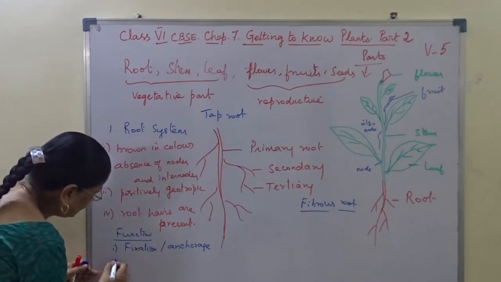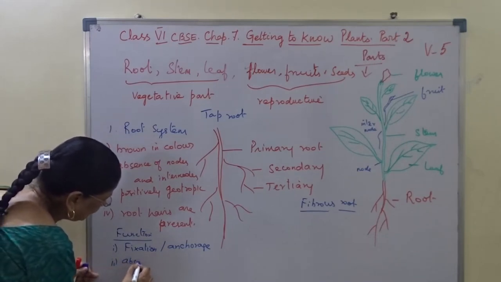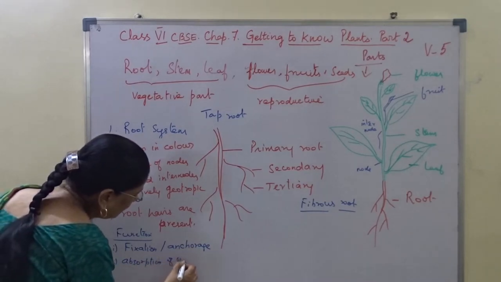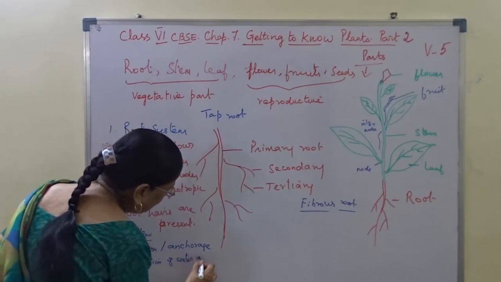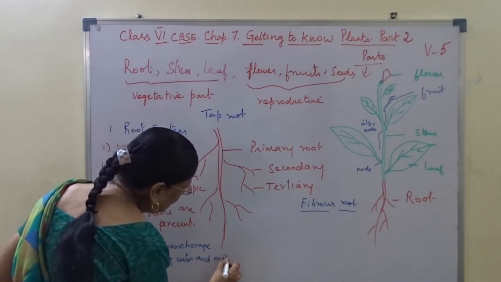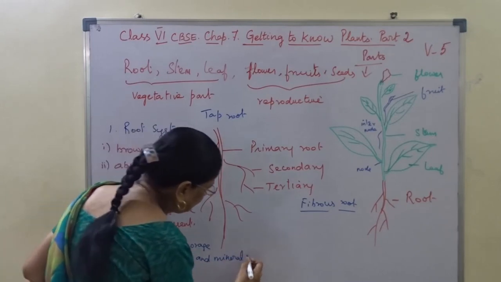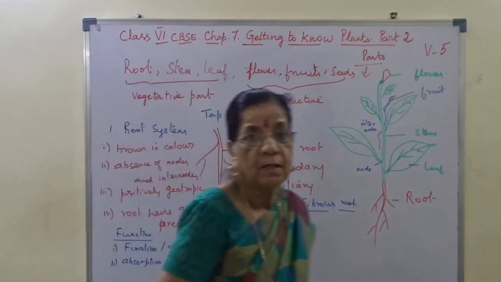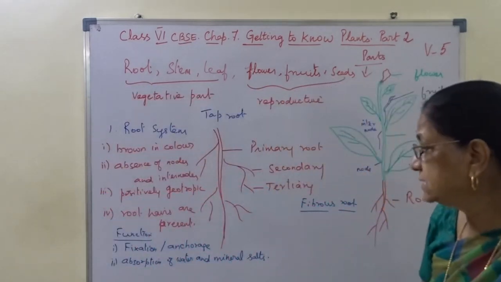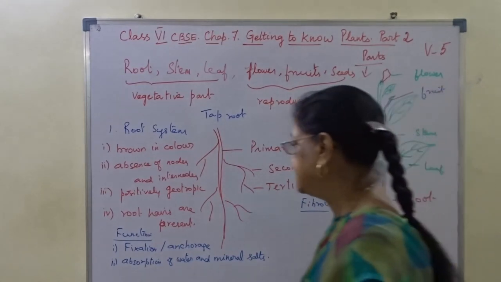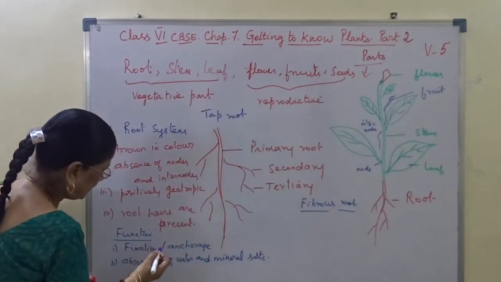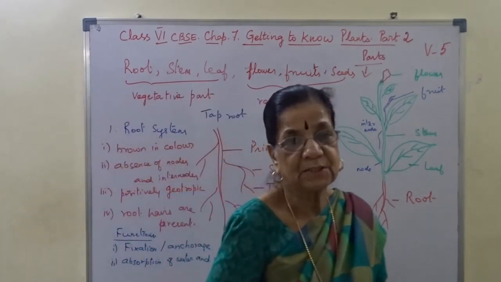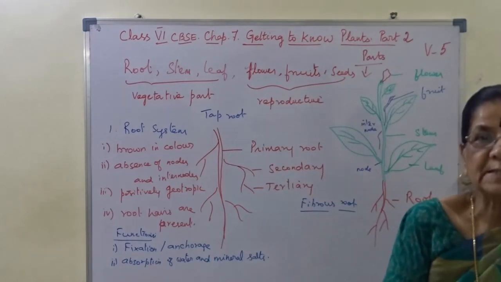And another one is absorption, the second one is absorption of water and mineral salts. I hope you understand. So the functions of the root system are fixation or anchorage, that is fixing the plant firmly in the soil. Other term for this is anchorage.